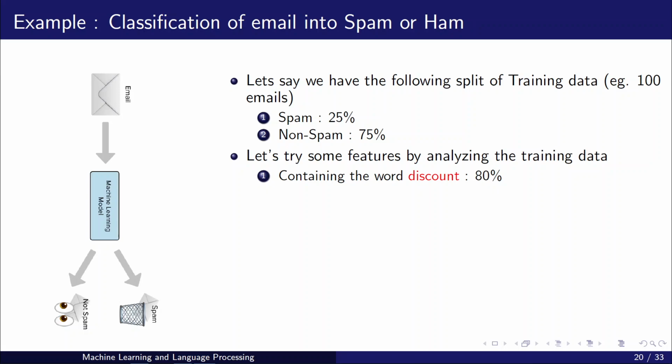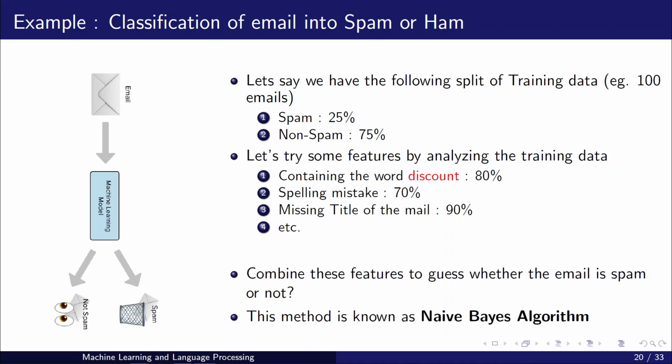You can find different features like this, and use these features altogether. For example, if an email has a spelling mistake, the probability that the mail is spam is 70%. If an email is missing its title, the probability that the mail is spam is 90%. So if from your training data you are able to identify these sort of features, and you group all these things together to guess whether a new email is spam or not, this method is known as the naive Bayes algorithm.